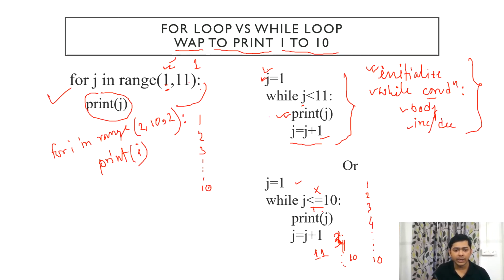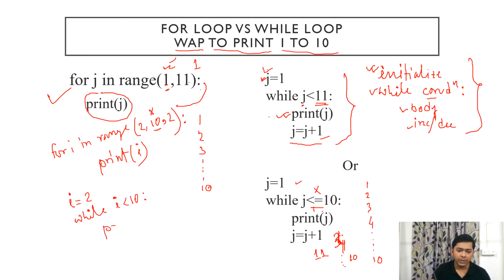Here I have written 10, so we know that 10 will not come in the output. Is that clear? 10 will not come in the output. So in place of less than 11, what will we write here? Let me write it fresh. So i equals to 2, while i less than 10.